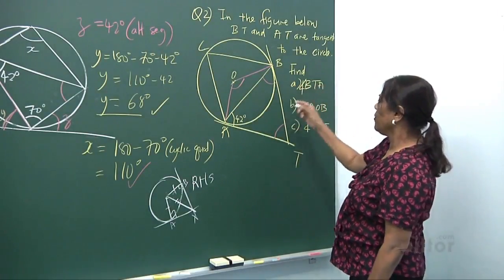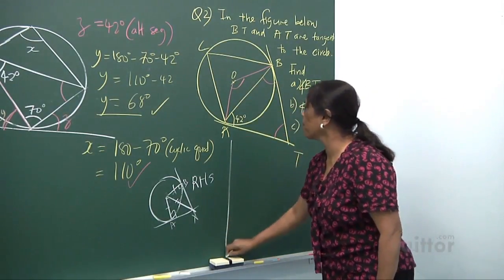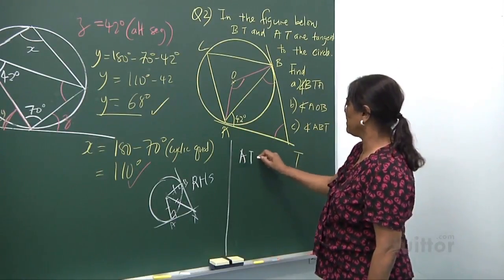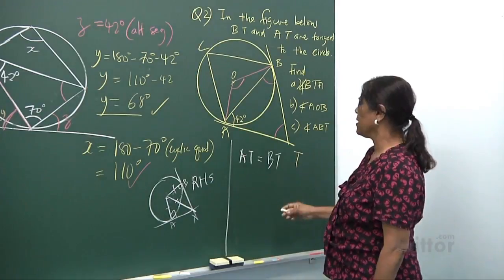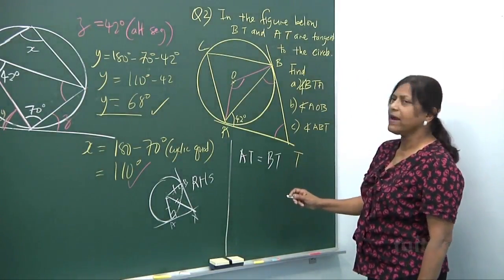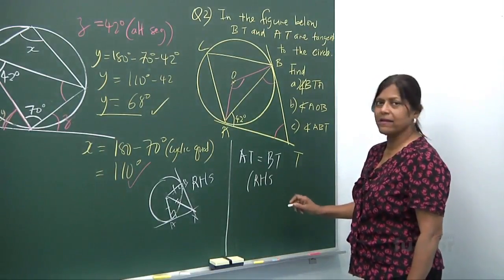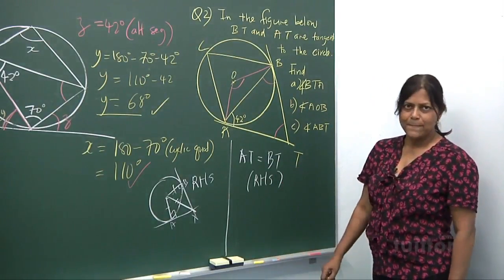So similarly, we can say from the property that AT is equal to BT. What's the reason again? Right angle hypotenuse side. Alright, right angle hypotenuse side.